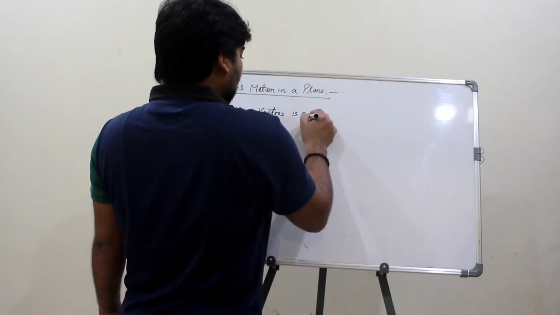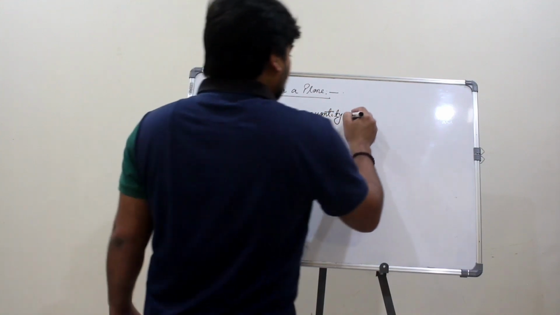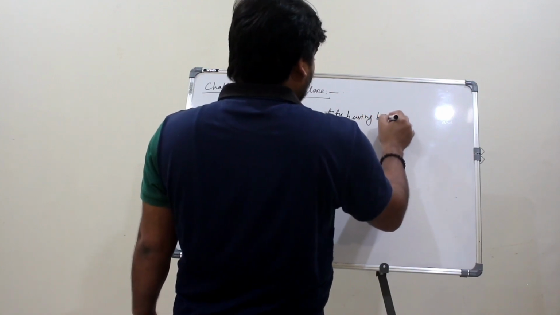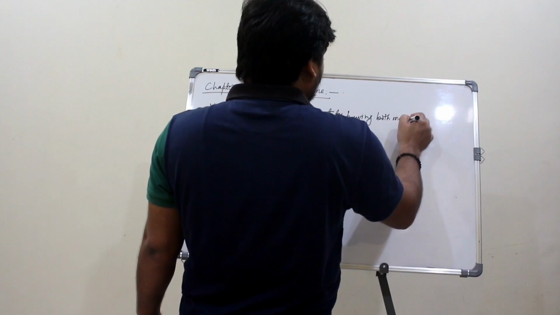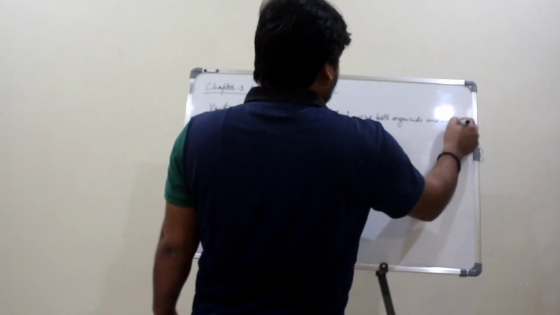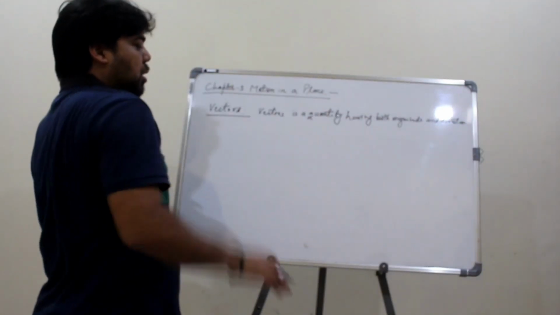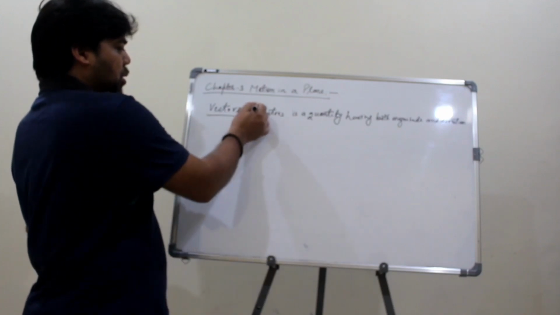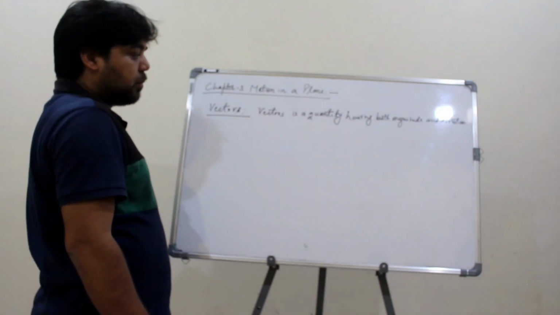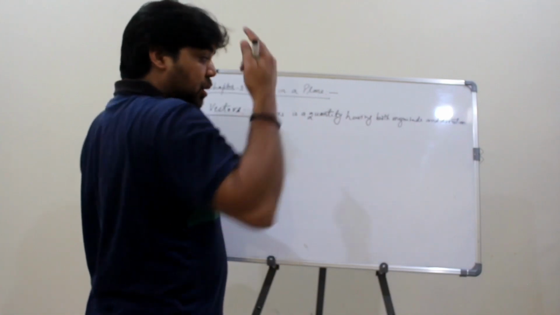Vector is a quantity having both magnitude and direction. Right? This is a definition which usually comes from basic physics, but actually vectors are tensors of rank 1. Right? So in 3 dimensions they have 3 components.